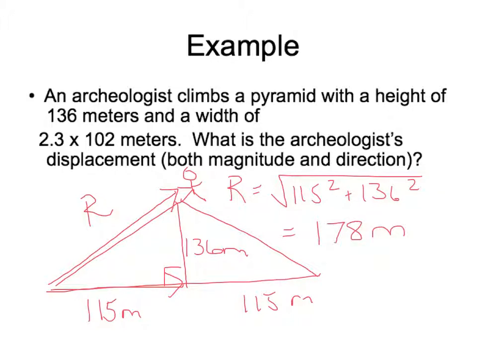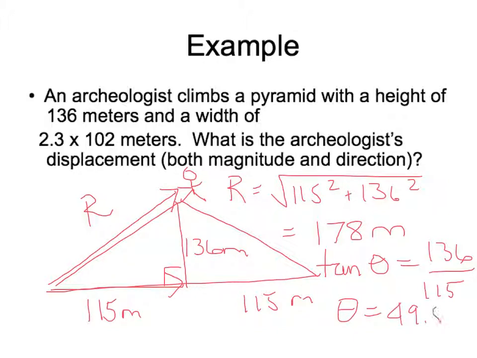Make sure you realize it's meters because we started with meters. And then we're going to want to have angles. So we're going to say the tangent of theta is 136 over 115. And we do the inverse tangent, and we're going to get 49.8 degrees.